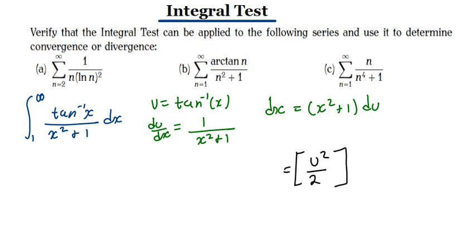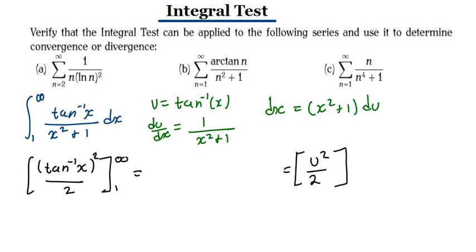Okay, so remember we said u is equal to tan inverse. So now for this one I can just write it as tan inverse of x, divided by 2, squared, from 1 to infinity.